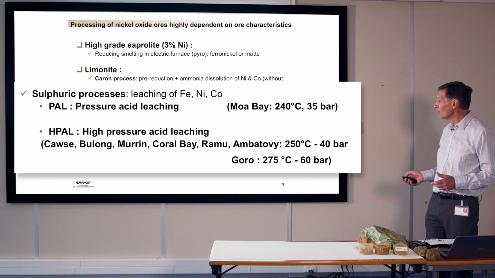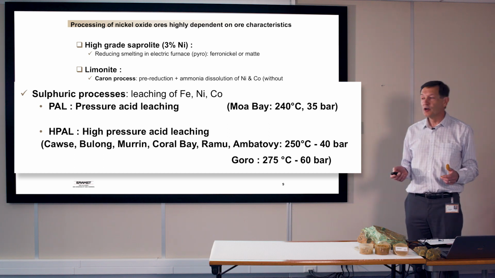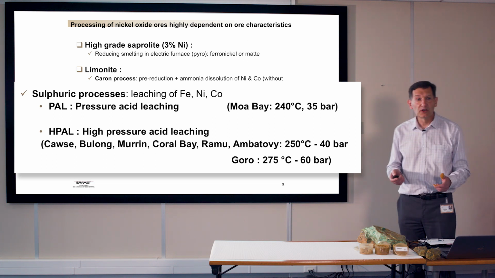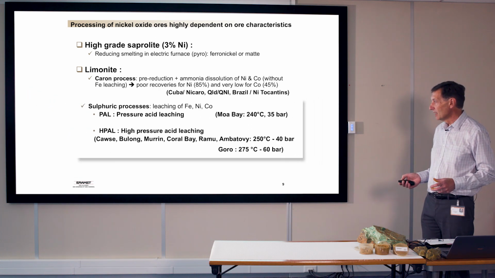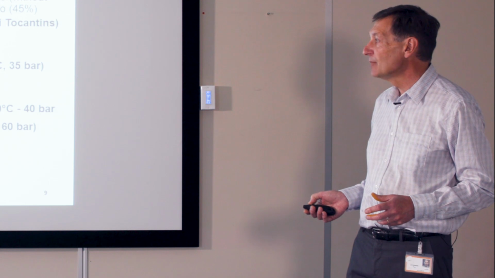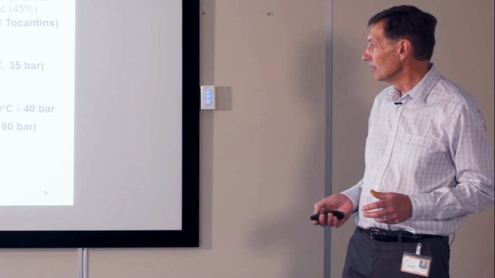And you can also increase the temperature and the pressure in order to increase the speed of the reaction and to decrease the size of the equipment. We call that HPAL, high pressure acid leaching, with a lot of examples in the world.